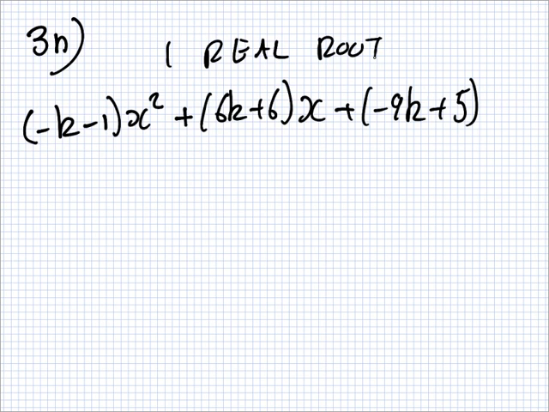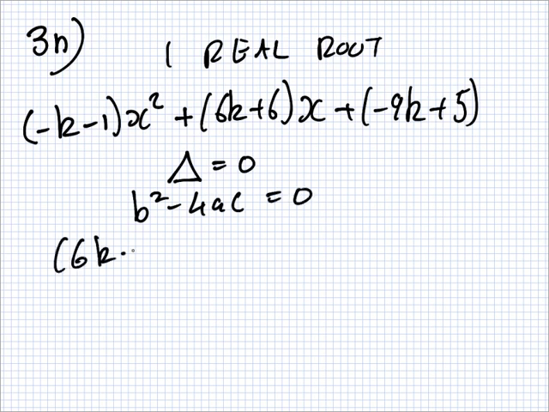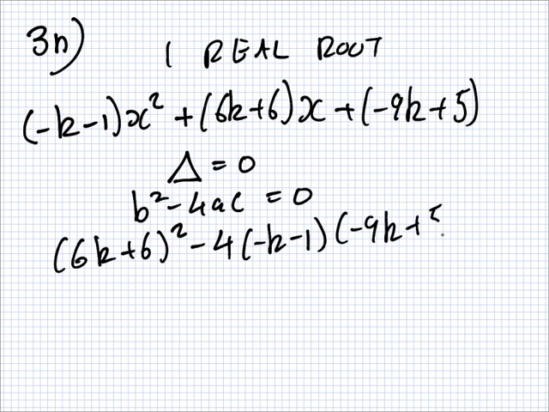Let's see what happens. Discriminant equals 0. b squared minus 4ac equals 0. 6k plus 6 squared minus 4 times minus k minus 1 times minus 9k plus 5 equals 0.